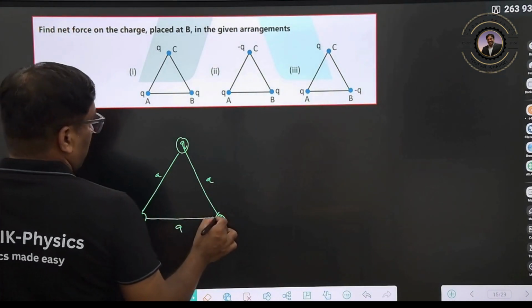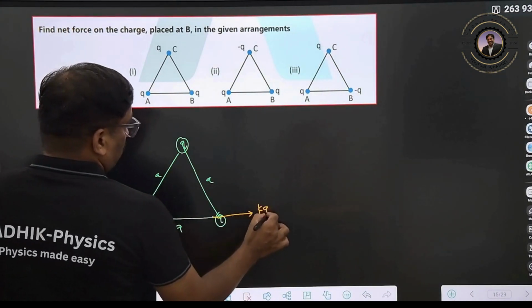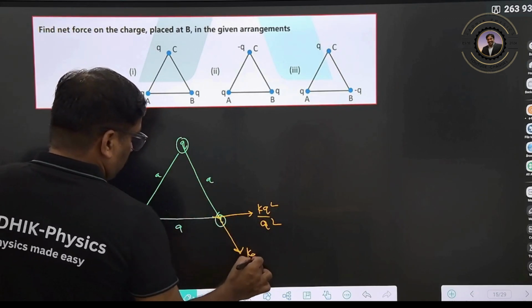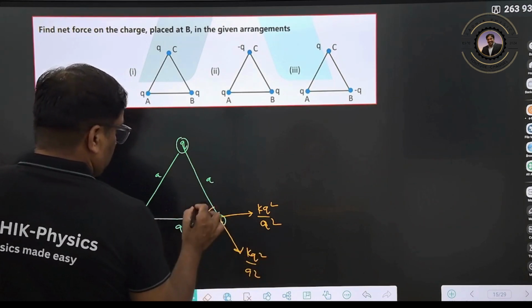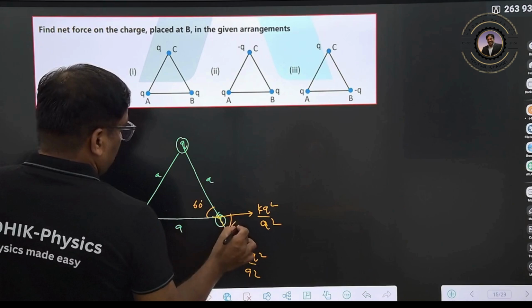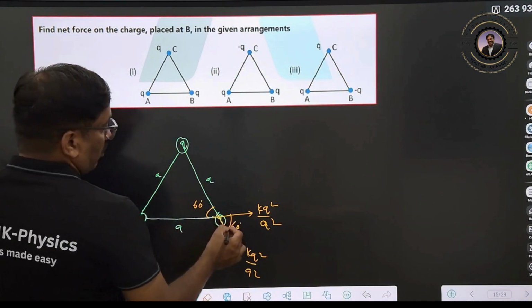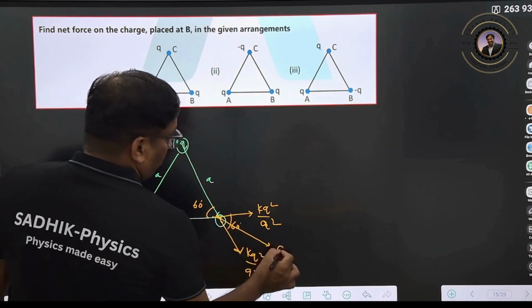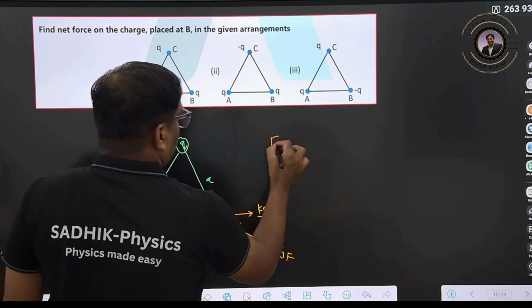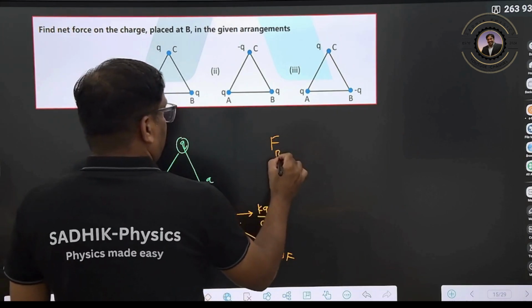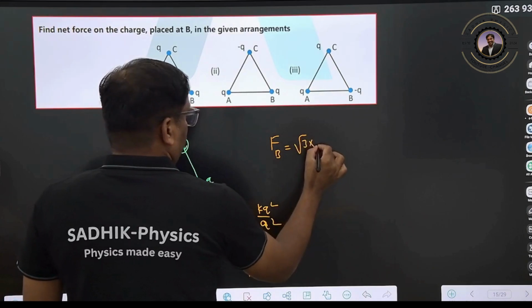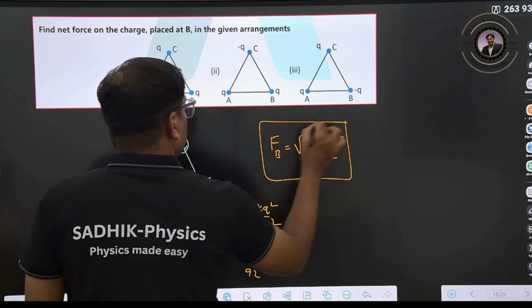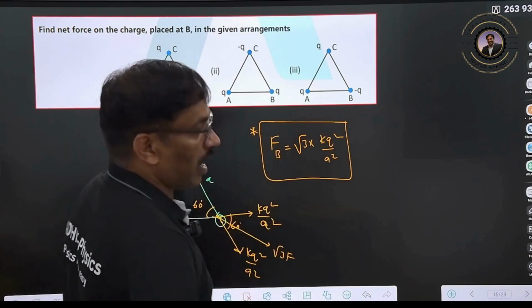This is your same charges, so it will be kq square by a square, and this also will be kq square by a square. This angle is 60 degree because it is an equilateral triangle. When two identical forces make an angle of 60 degree, the resultant is root 3 into F. So the force acting on the particle at B is root 3 into k q square by a square.